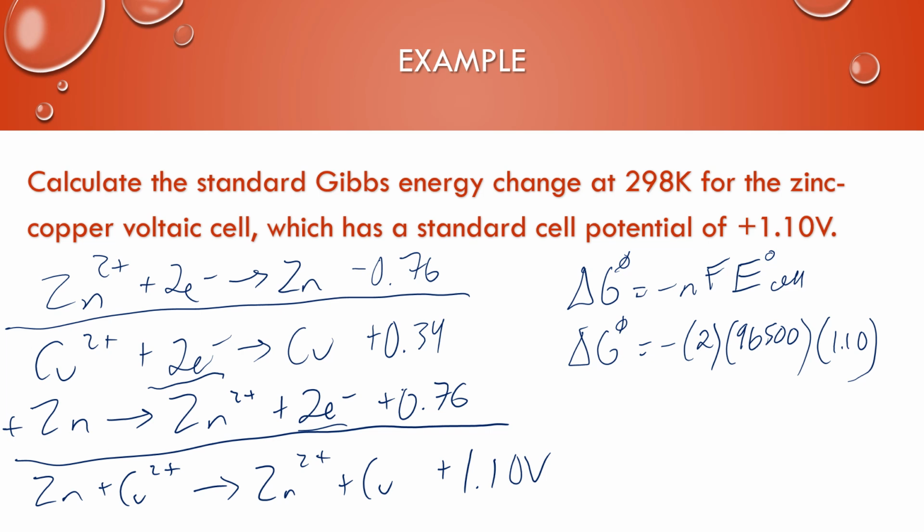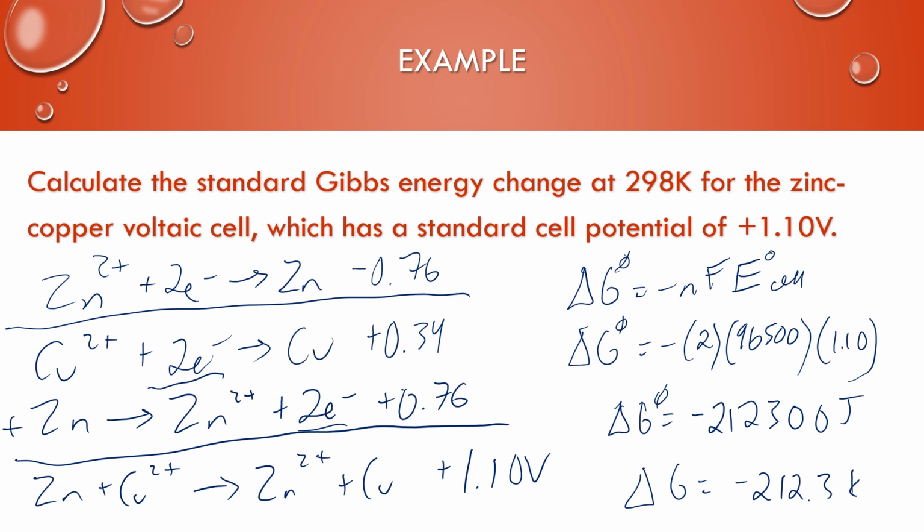And so when you multiply those together, you get that delta G is negative 212,300 joules. And if I put that in kilojoules, that would be negative 212.3 kilojoules. And this makes sense because our Ecell is positive. It is a spontaneous reaction or a thermodynamically favorable reaction. So delta G is negative.